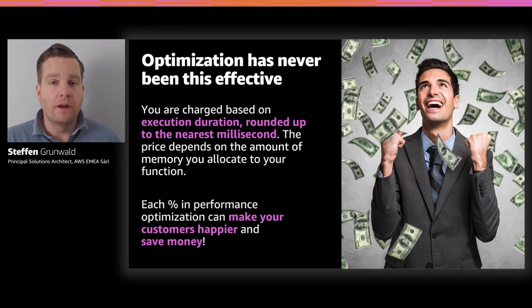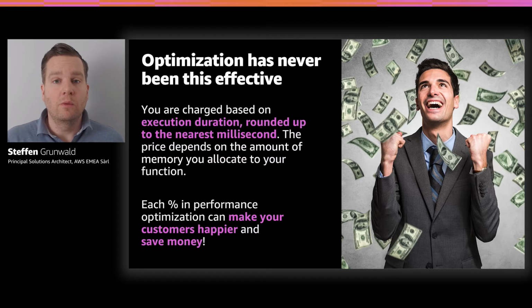So why should you even optimize? Let's think about optimizing one aspect, and that is performance. If you look at the Lambda pricing, you are billed by the amount of requests, and also by the execution time of memory provisioned measured in 1 millisecond steps. This has recently been changed.